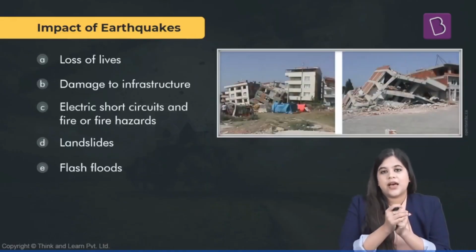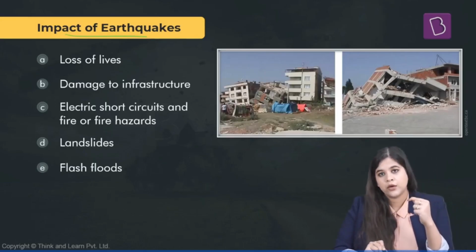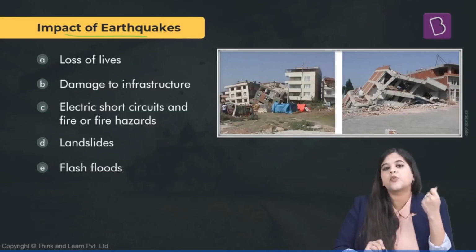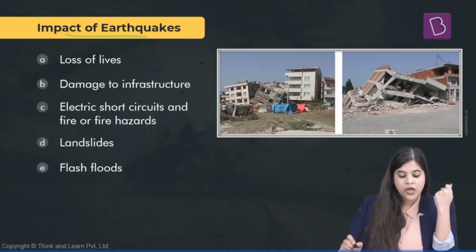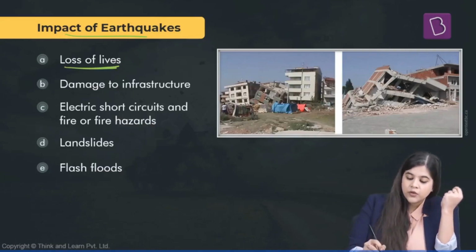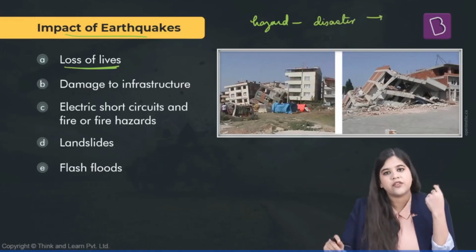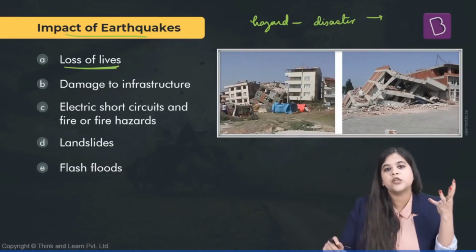Now let's take a look at what are the impacts of an earthquake event on the people, the property, and the environment. First of all, there is a loss of life. We know that a hazard becomes a disaster when we have a loss of life or property. Same goes for earthquake.